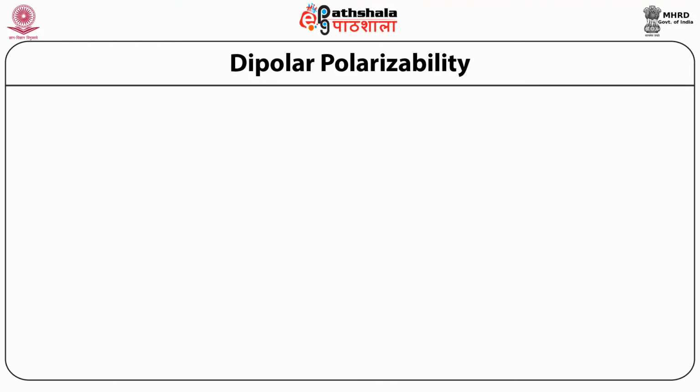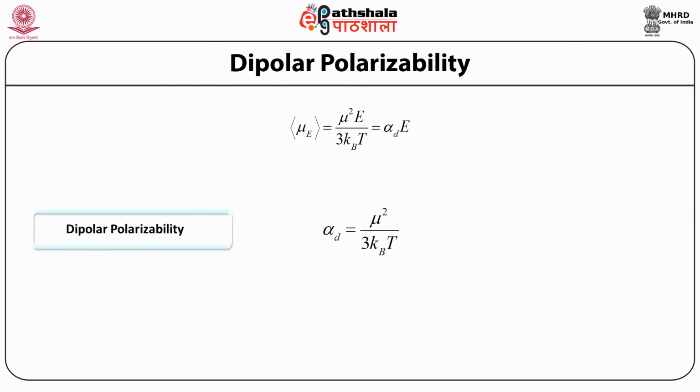On solving further, we get that the expectation of mu is equal to mu squared E by 3 kBT, which is also equal to alpha d into E, where alpha d is the dipolar polarizability and is equal to mu squared upon 3 kBT.